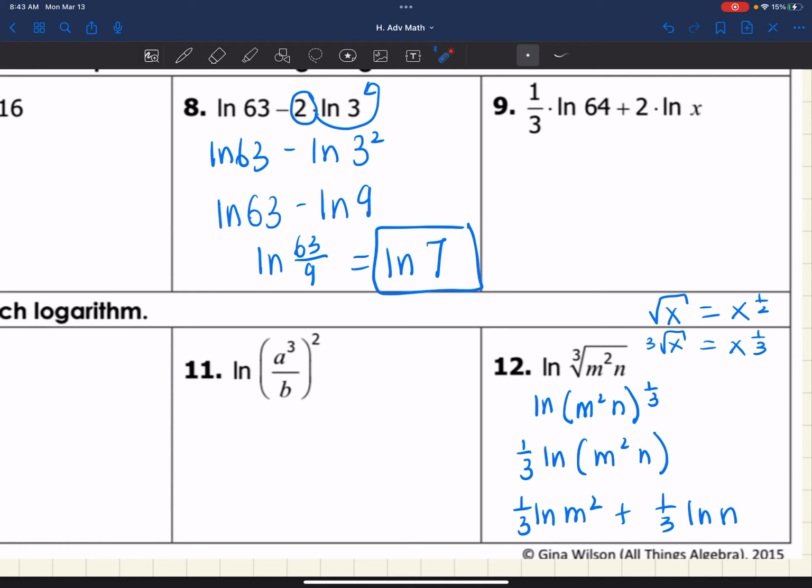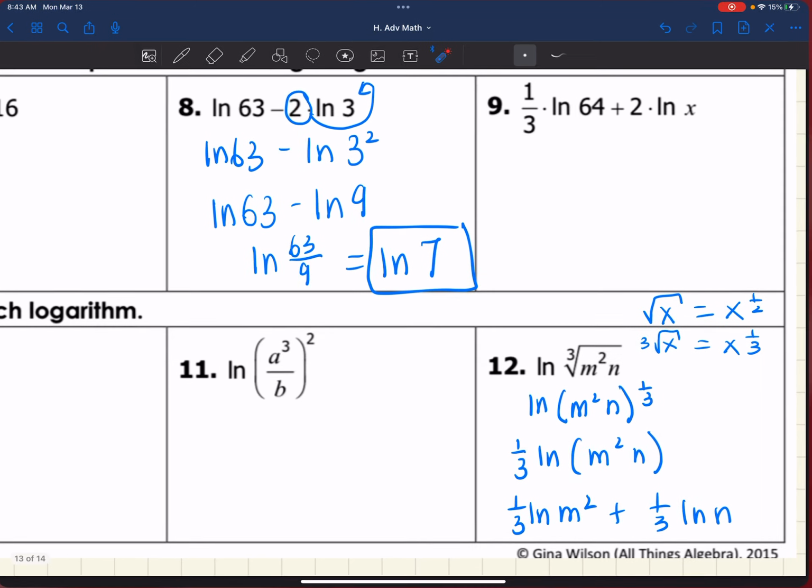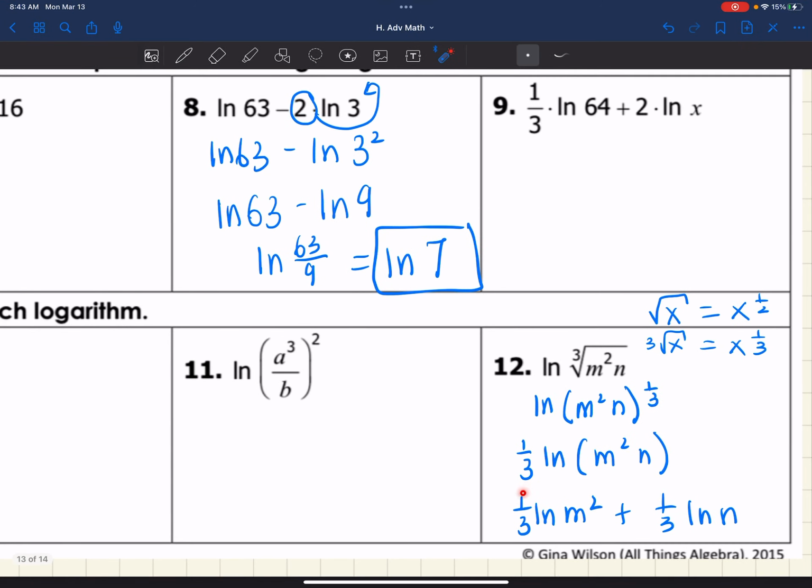And then from here, you just need to simplify this exponent. You know that you can take this exponent and drop it down to the front. There's obviously already a 1/3 there, so you're going to take that. I don't have much space, so I'm going to have to write off to the side, but hopefully you all have space. This will be 2 times 1/3, and then natural log of m plus 1/3 natural log of n.